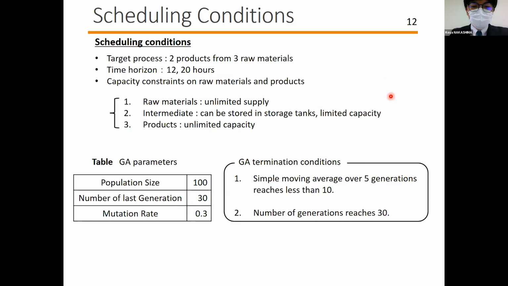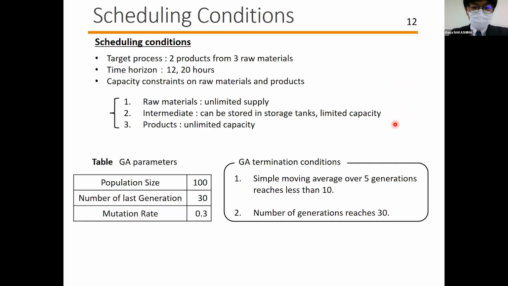For the scheduling, we also assume that there were no restrictions on the amount of supplied feedstock or stored product. On the other hand, intermediates could be temporarily stored in a storage tank, and the capacity limit was set. These are all similar to those used in the comparative literature.